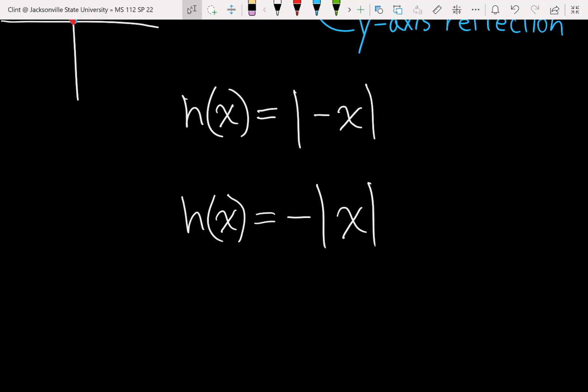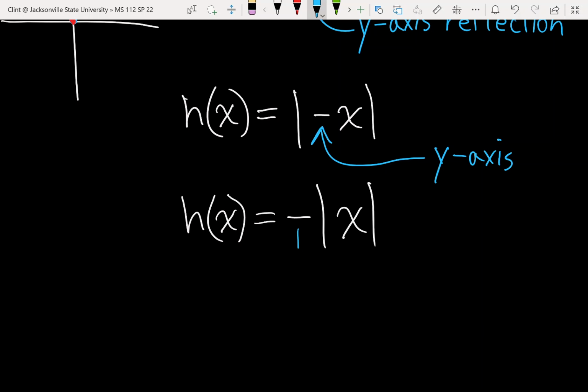So, which one switches here? On the top one, the minus sign is inside with the x. So that's a y-axis reflection.